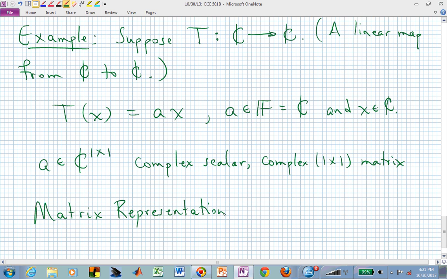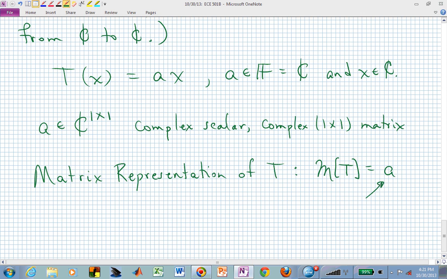Which then says that the matrix representation of this linear map T, which we symbolize by saying script M of square bracket T, is just A, where A is this one-by-one matrix.